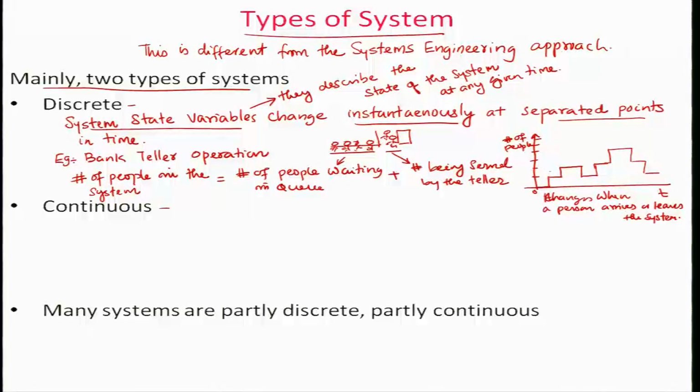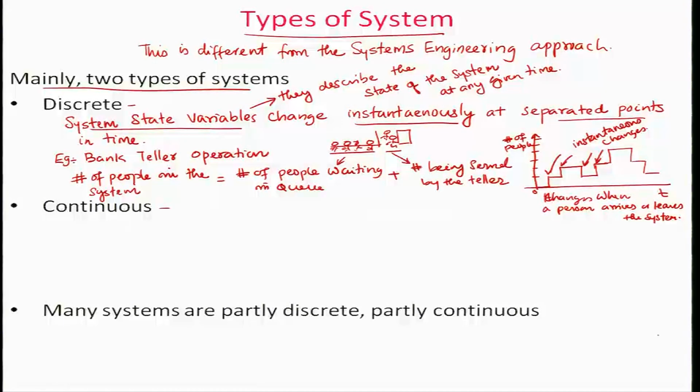These are instantaneous changes. Only at a particular instant does the system state change, and then it continues in that state for some time, then changes again. Such types of systems are called discrete systems for the purpose of simulation.